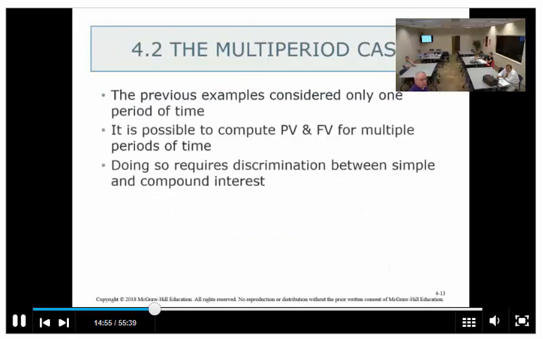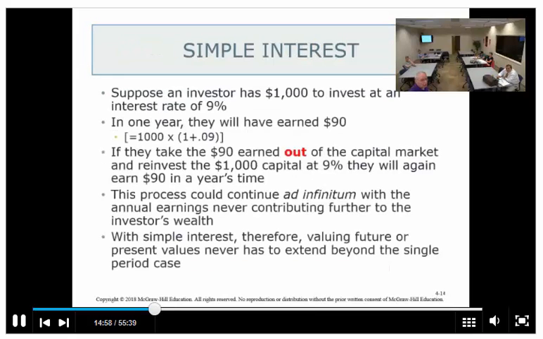Now, simple interest is where we invest money and then every year we take out the interest.